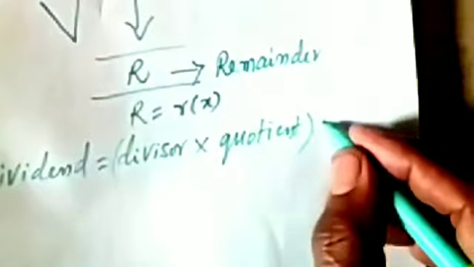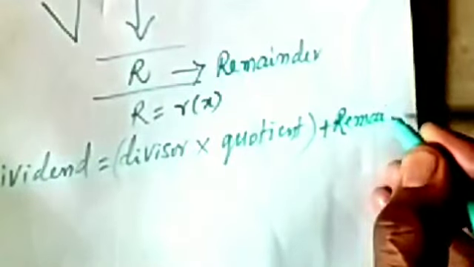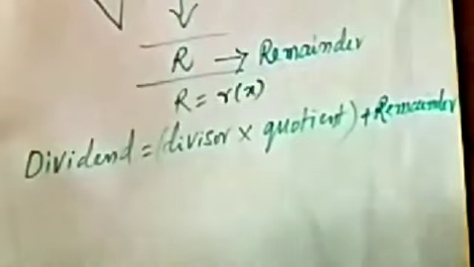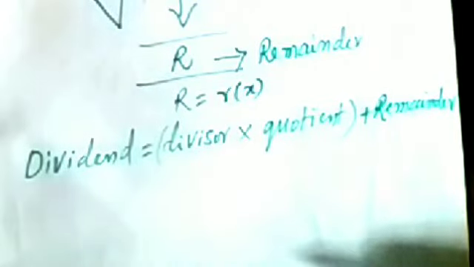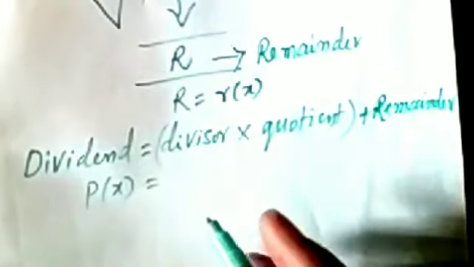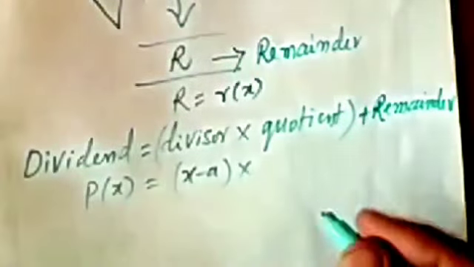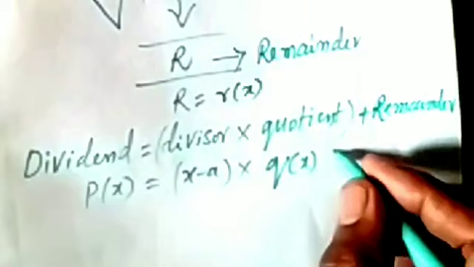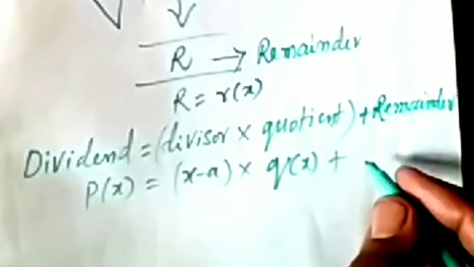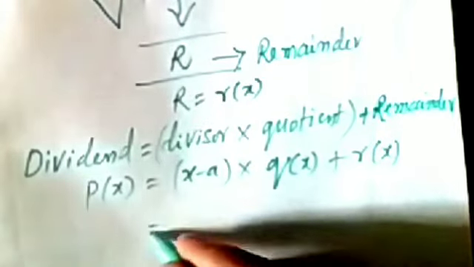Let us see it. Dividend equal to divisor into quotient plus remainder. What is the dividend here? It is p of x. So p of x equal to divisor, and the divisor here is x minus a, times the quotient, q of x, plus the remainder, r or r of x, whatever it may be.